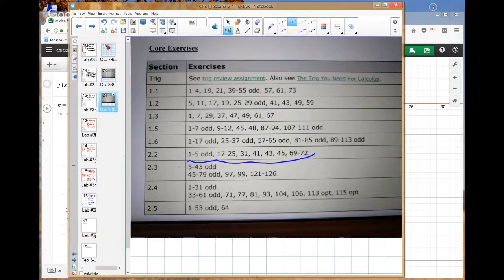So here's what I need you to focus on for this particular lesson, the core exercises for 2.2. So you're going to see in the book, they're going to ask you to kind of do what we did. That is, look at limits from a little bit of an algebra view. First of all, do the left and the right hand limits agree when you make a little chart?